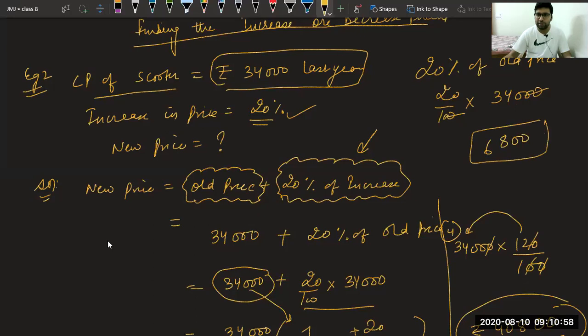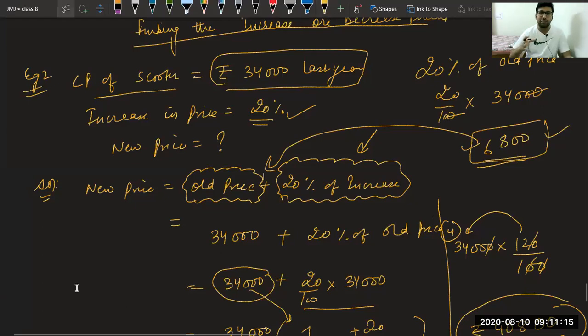So this much money has increased in 1 year. You can add this to the previous price and you can get the new price. Class, are you able to understand this? To find the new price, we first found this increase in price and then we added them.